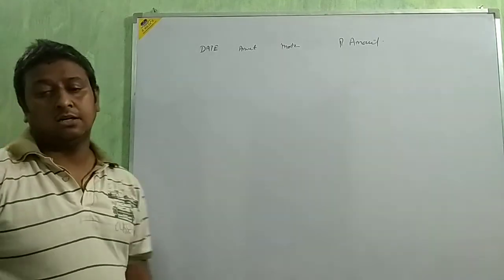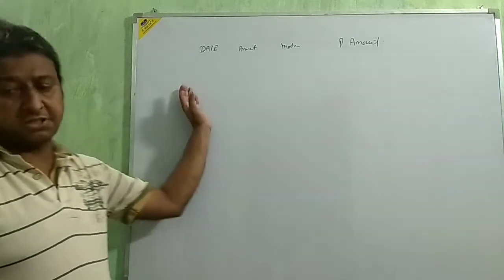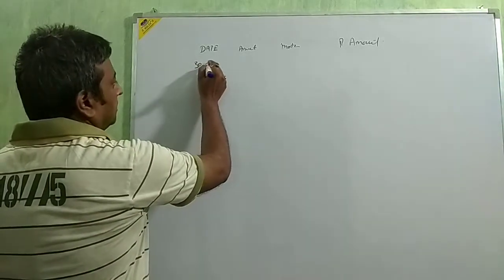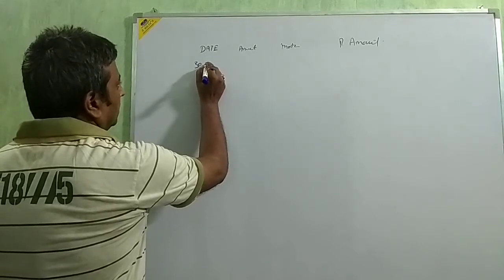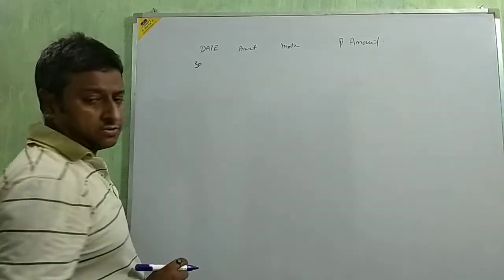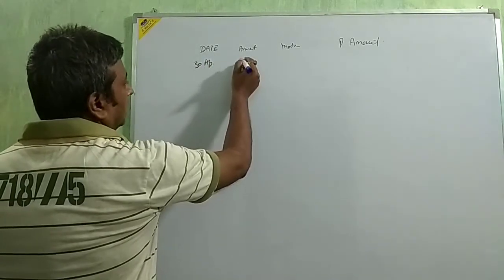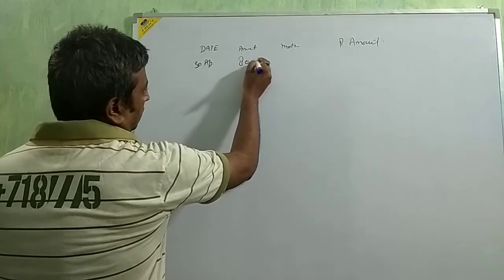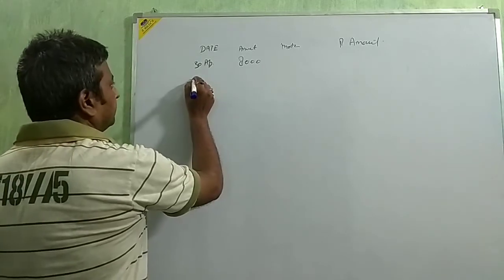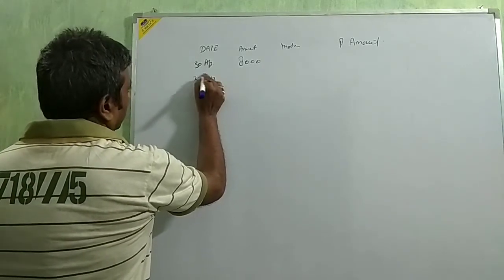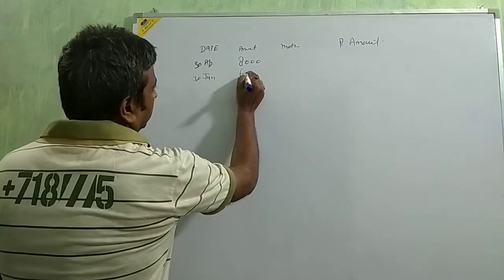See, 30th April, amount 8,000. Okay, then next? 30th June, amount 6,000.